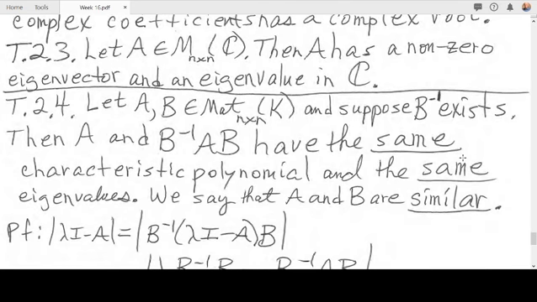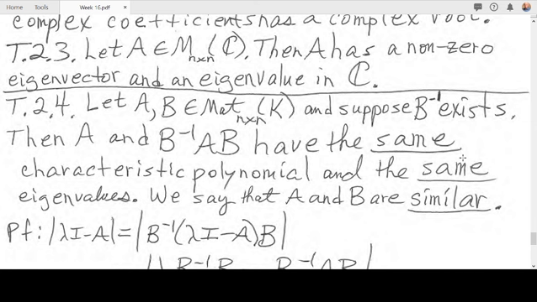Now, Theorem 2.4 says when A and B are square matrices, suppose that the inverse of B exists. Then A and B inverse AB have the same characteristic polynomial and the same eigenvalues.